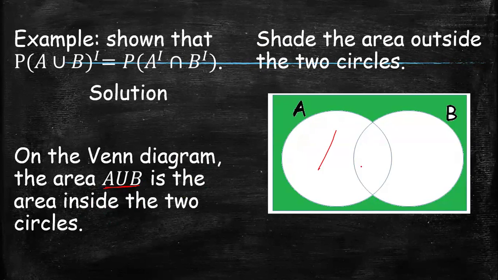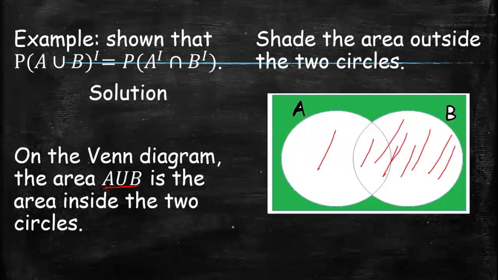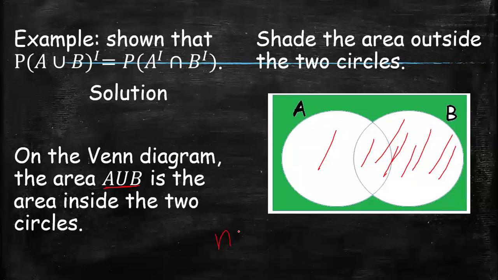So this is the A union B. If we are interested in shading A union B complement, that means it is the area that is outside the two sets. So this area that I've shaded with green is the area that is A union B.